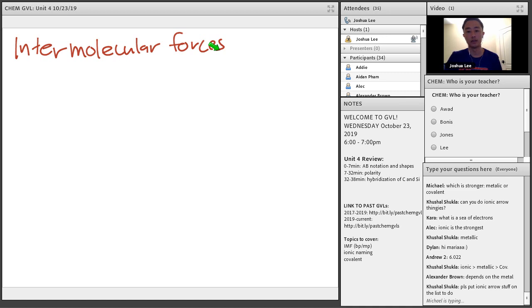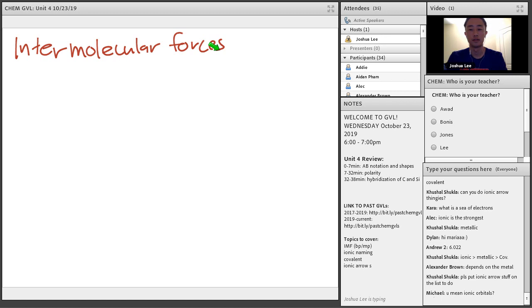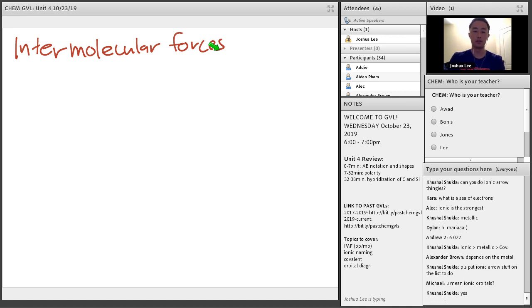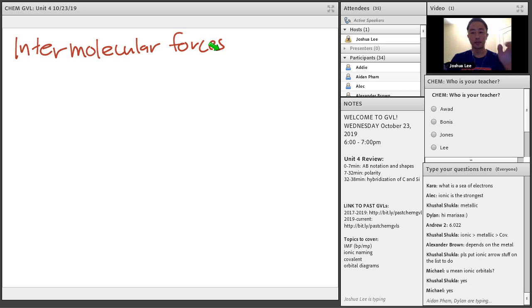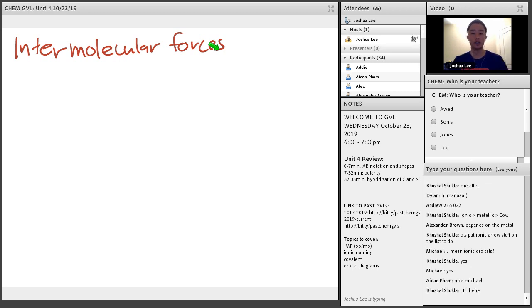Ionic arrow stuff, come on. Do we really have to go over that? There you go, Michael, that's the better word for it. 10 points for you. So intermolecular forces. There are 3 of them.